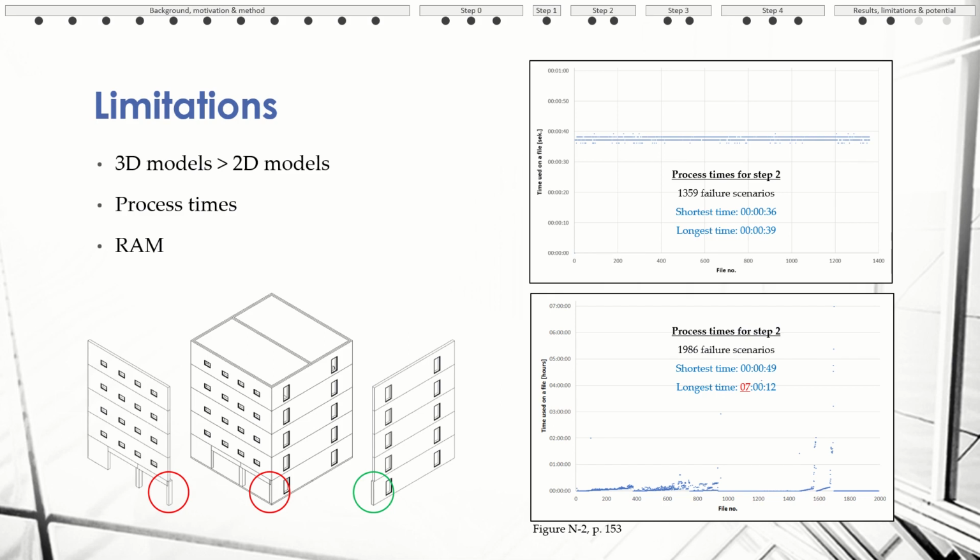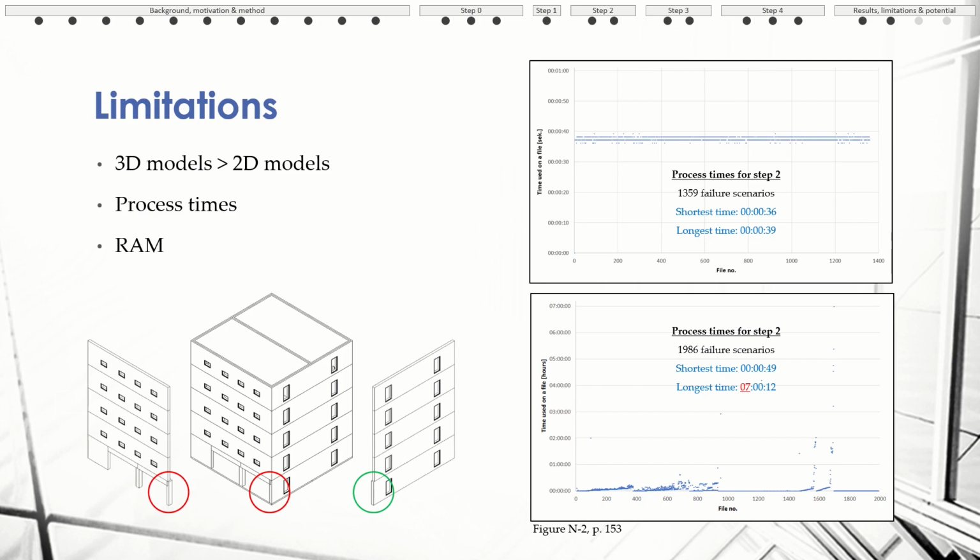The process time is also different according to the size of the model. Here, in the first one, we see a model where the process time for modifying all these XML files, all these analytical models, is nearly constant for every single file, whereas when the model gets larger, the process time is no longer totally constant.